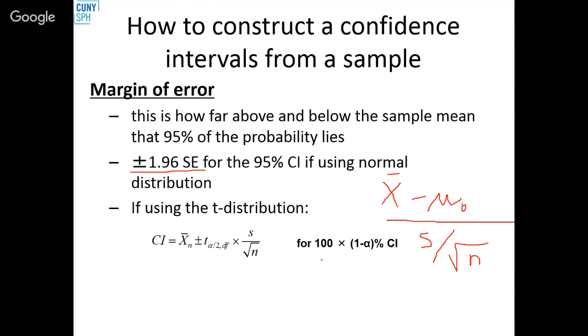This item, if s is estimated from the sample, then this entire item follows a t-distribution.